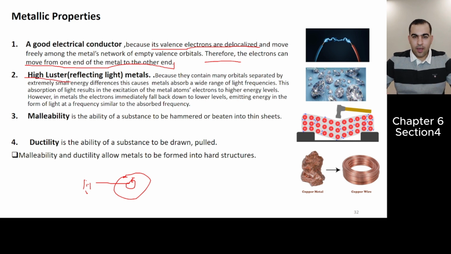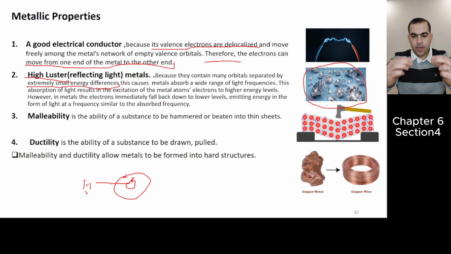So, high luster. Why do metals reflect light? Why are metals shiny? Look at here. Why do they have the high luster property? Because metals contain orbitals. These orbitals are separated by extremely small energy differences.